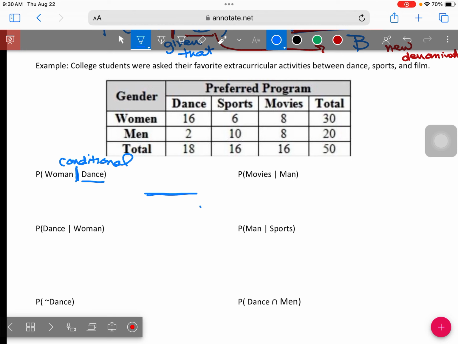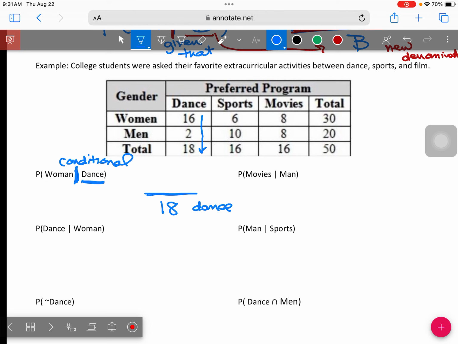I want all people who dance. So find dance, go to the end, and this is now my new denominator. But wait, Miss Thede, I thought you said for a two-way table, it's always the total. It is, unless it's conditional, okay? If it's conditional, you're always going to put whatever comes behind the vertical line as your new denominator.